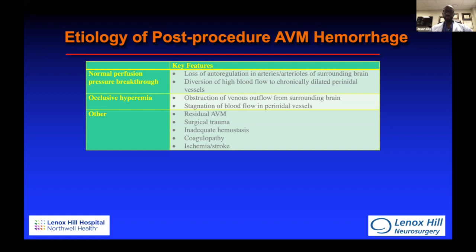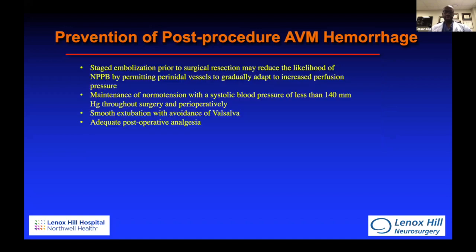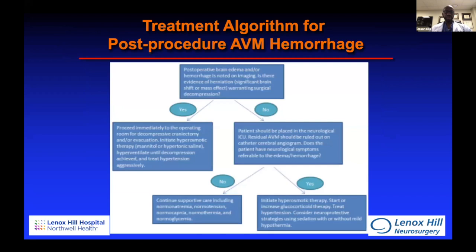Other causes: residual AVM. If it happens after surgery, it could be trauma to the surrounding surgical bed, inadequate hemostasis, coagulopathy, or hemorrhagic conversion of an ischemic stroke. So I mentioned some of these things already.